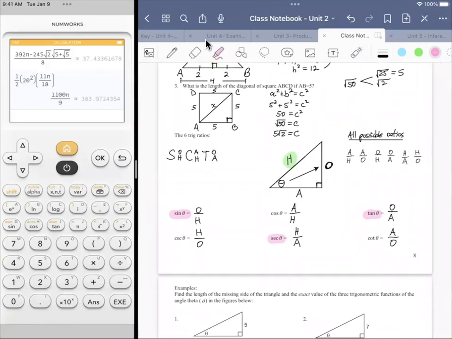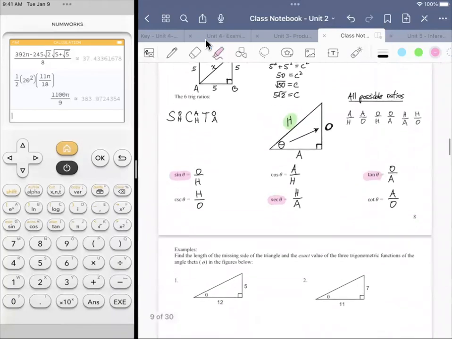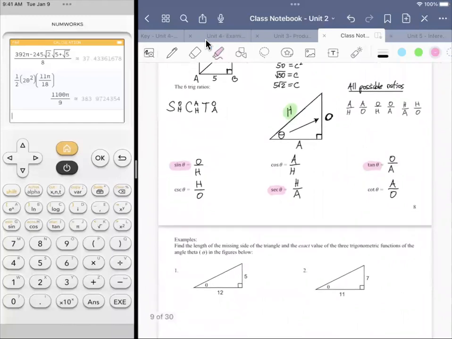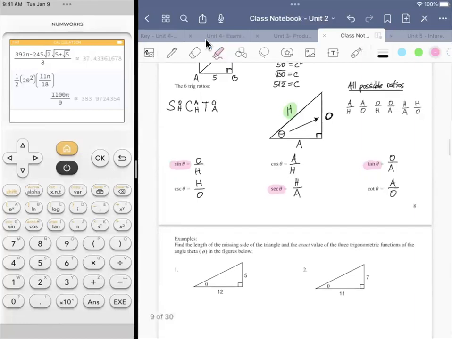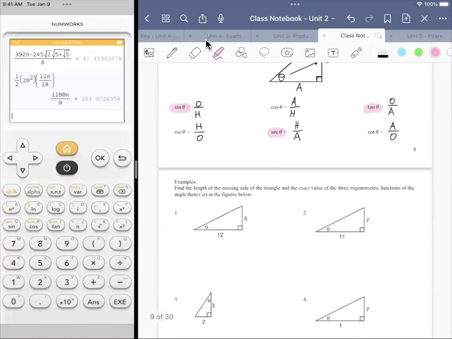But we could also find, and this is the last thing we're going to talk about tonight, a missing side in a trig function if you know what the angle is. But we can also find the angle if we know at least two of the sides. So these are the directions I've been meaning to change.